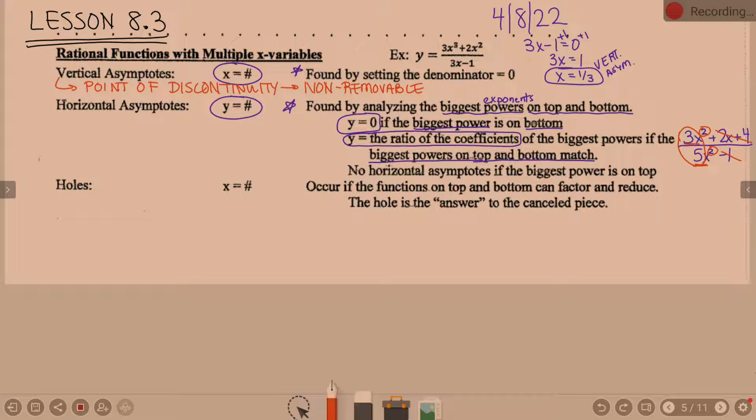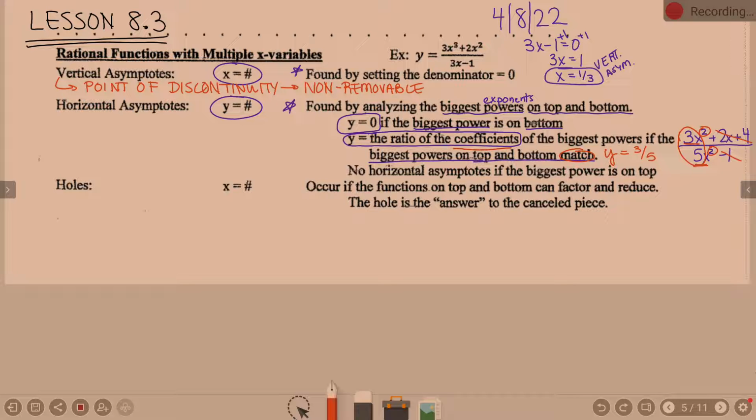And so for this example, y equals 3/5 would be your horizontal asymptote, based on that random made up example. If the biggest power is on bottom, it's just y equals 0. If the powers match, it's the coefficients.